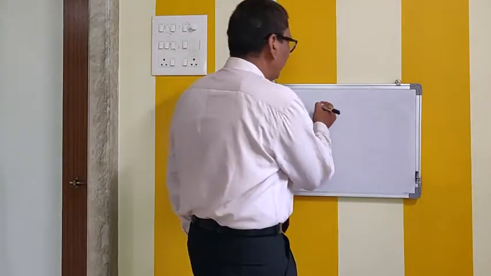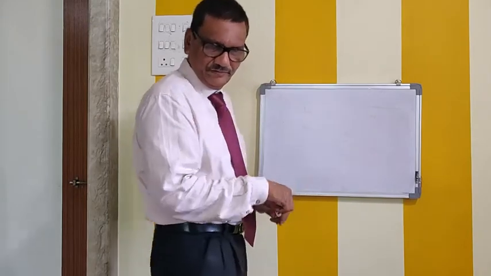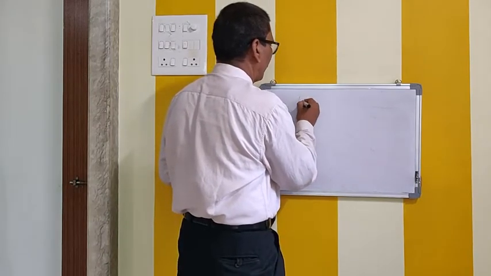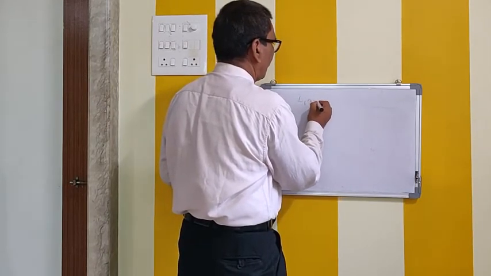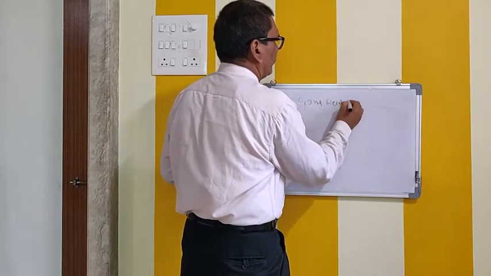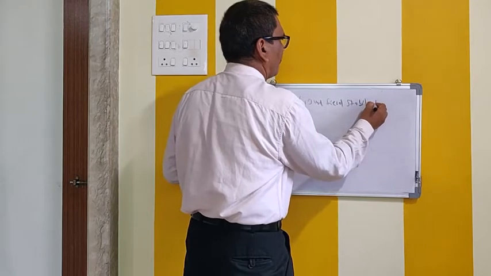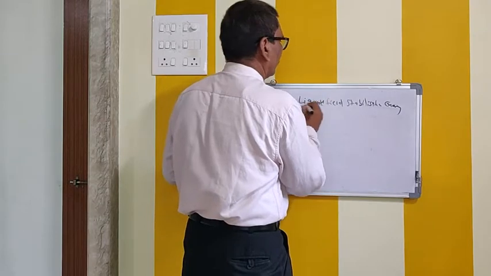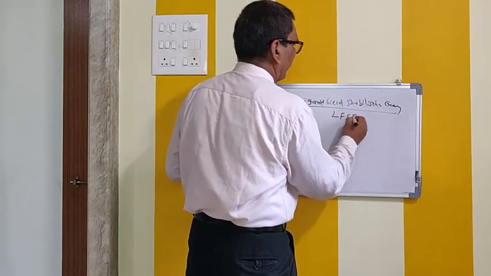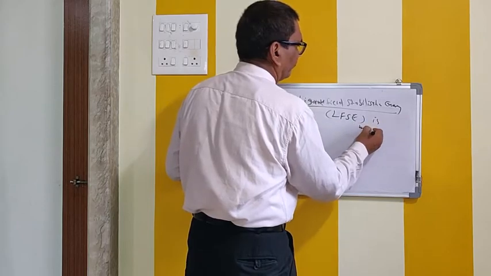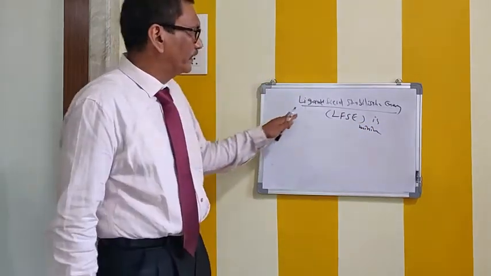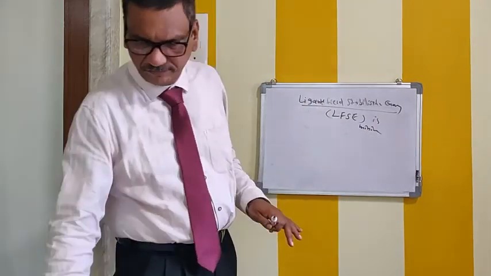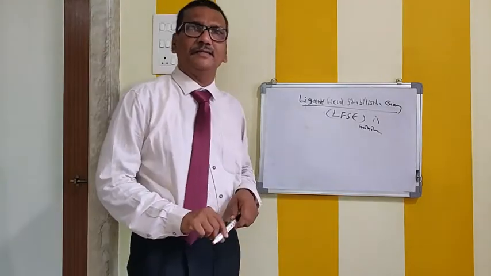Due to this, the ligand field stabilization energy in the case of the lanthanides is minimum. Why? Because there is no interaction taking place between the ligands and the electrons present in the 4f orbitals of the lanthanides.